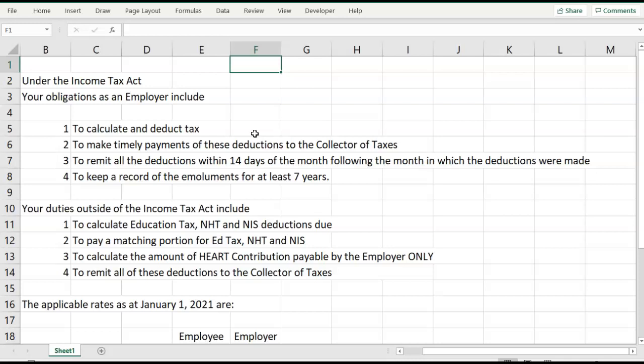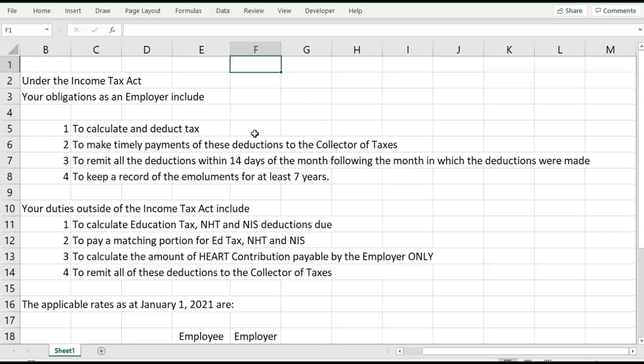Now, a lot of persons don't know that when you are being employed, whatever salary is agreed to pay you, there is a hidden liability on the part of the employer, because as you'll see here, the employer has to pay a matching amount for education tax, for NHT, and for NIS. So his expense, or the employer's expense, is not just your salary.